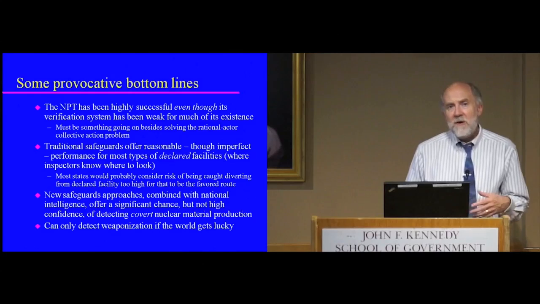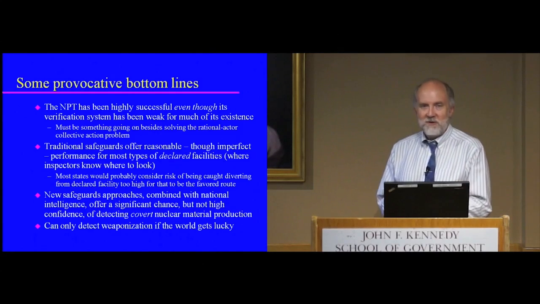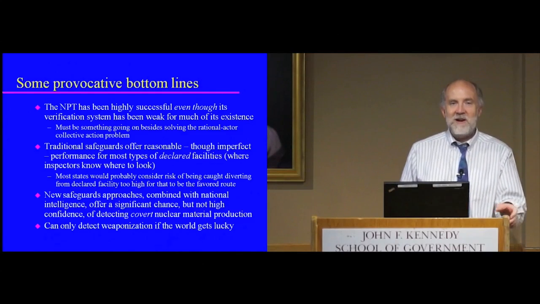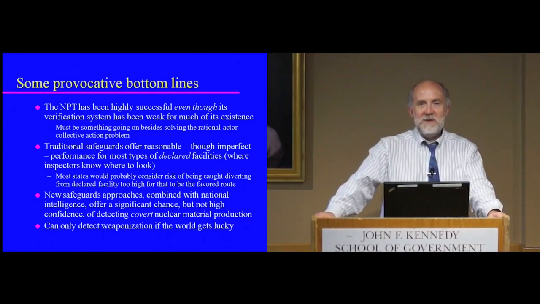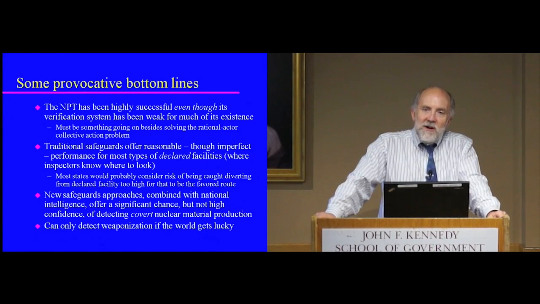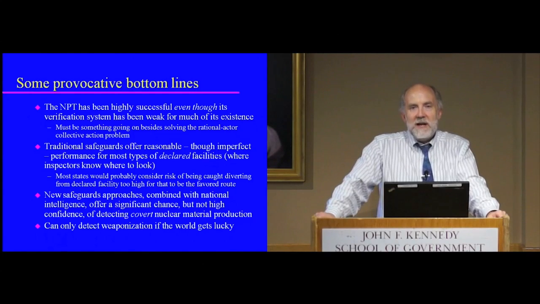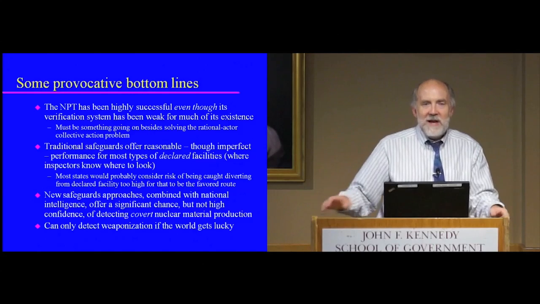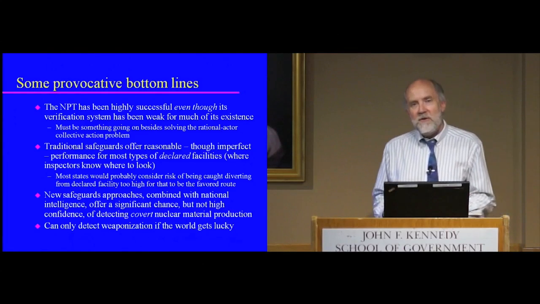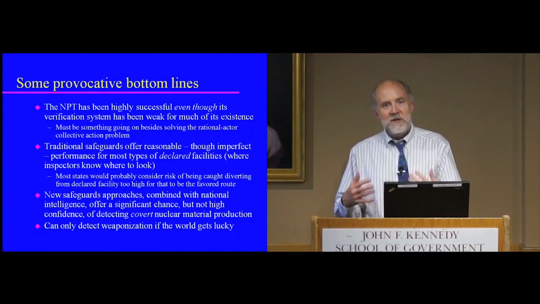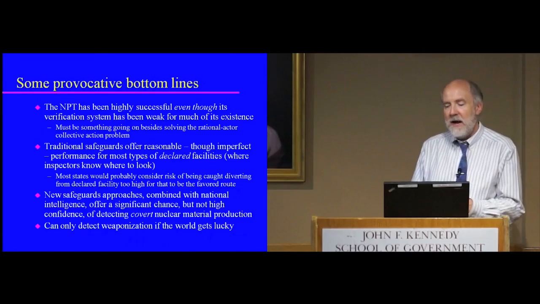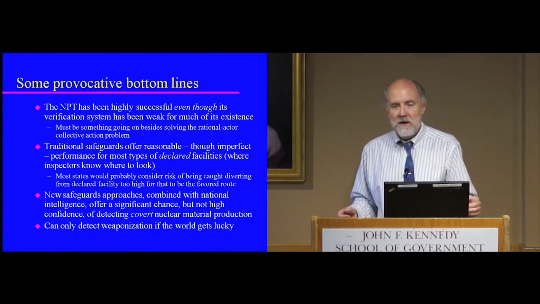Okay? So I'm going to start off with some somewhat provocative conclusions. A lot of this talk is probably not exactly the way it would be if I were actually working for the International Atomic Energy Agency. There's a lot of things about their system that they're sort of not allowed to say in public. So first of all, one of the somewhat surprising aspects of the system is that the Nuclear Non-Proliferation Treaty has been fairly successful, even though for most of the time that the treaty has been in existence, the inspection system was actually quite weak and had only a modest ability to detect cheating.